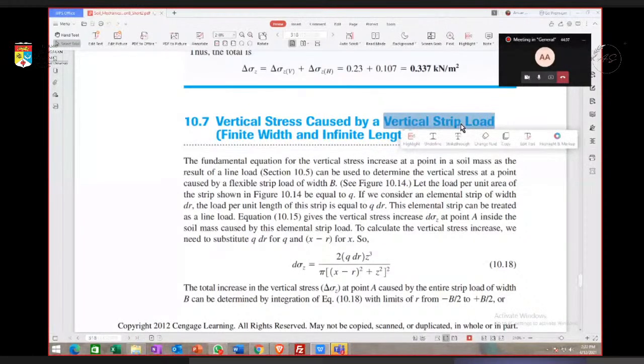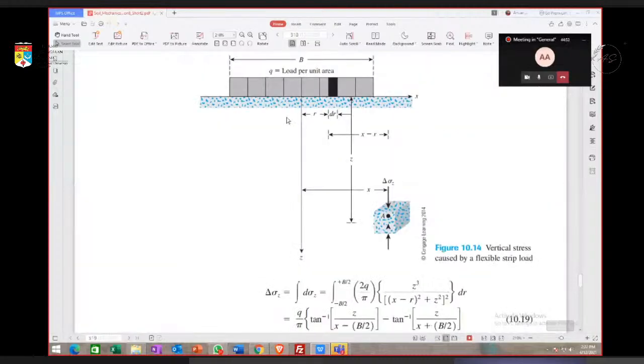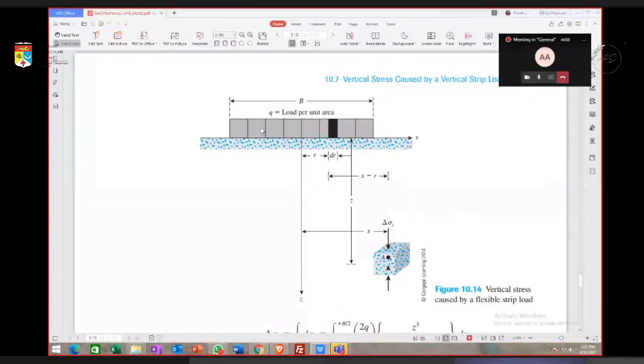For example, like this one. Let's say the width of the wall is big here, and the load per unit area, because it has some value B which is considerable. So if the load is like that, let's say we have a thick wall, then we can consider it as a strip load.